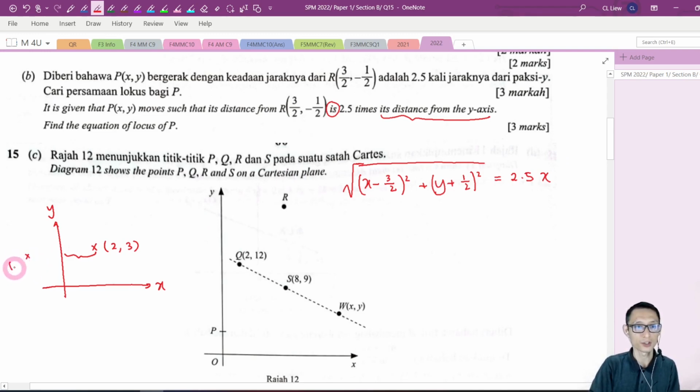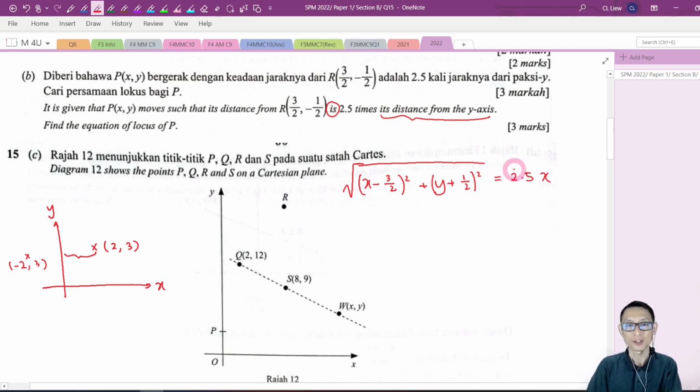Let's say the coordinate is negative 2, 3. I cannot say that the distance is negative 2, right? Because distance cannot be negative. But it's okay, because later on we will be squaring. We will square both sides. When we square both sides, even though it is negative, it will also become positive, right?